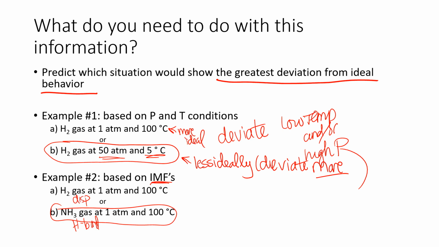One is it's a larger molecule, so it's deviating more from the assumption that the molecules have no volume. NH3 has more volume than H2, and it has stronger intermolecular forces, the hydrogen bonding versus the dispersion forces in hydrogen gas. So the stronger the IMF, the more it will deviate.